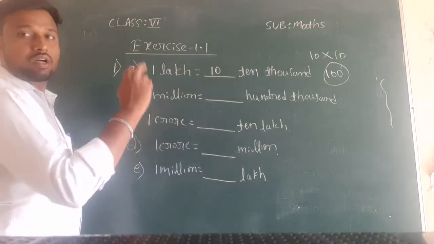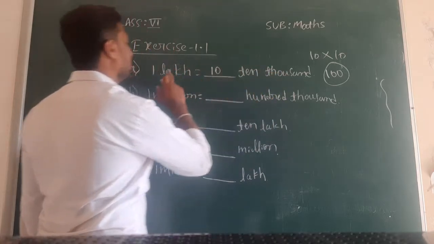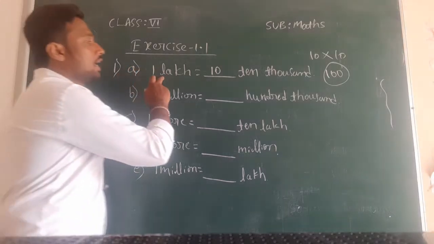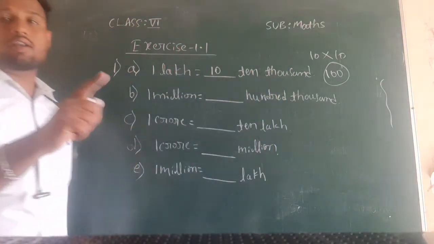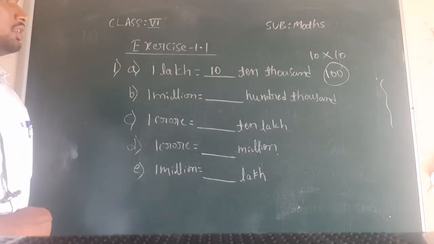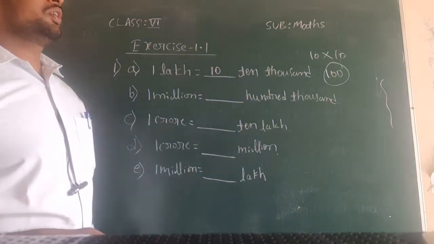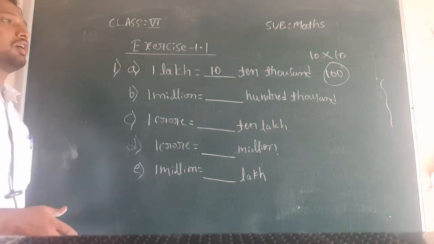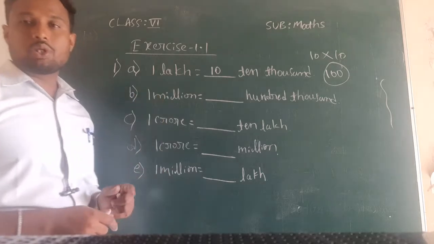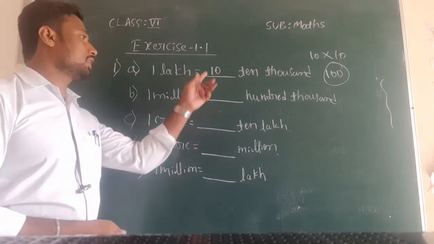If you can't understand, just directly remember that ten 10,000s make 1 lakh. If you have 10,000 notes, 10 bundles will become 1 lakh, because 10 into 10 is 100, and 100,000 means 1 lakh. So the first answer is 10.